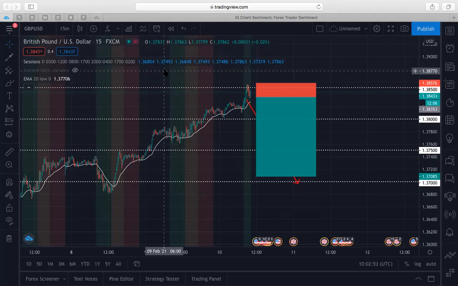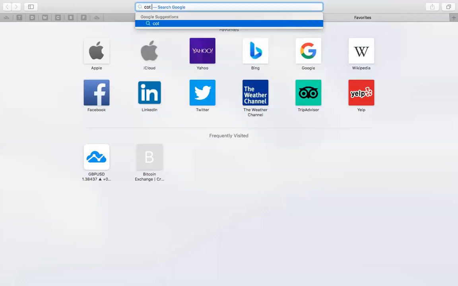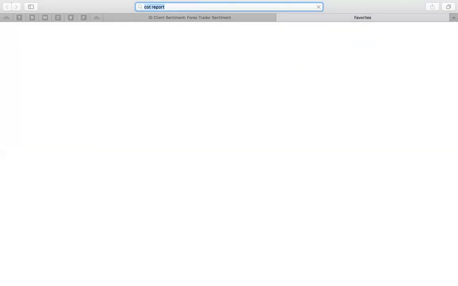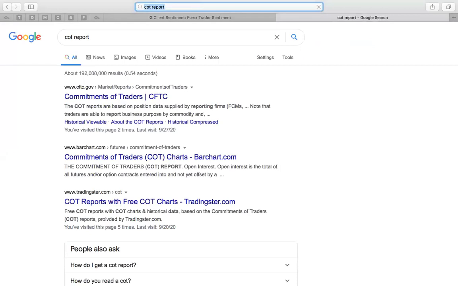No. Okay. So you will skip that. Yeah, you can skip that. You can still use it because we can say, okay, COT report. Now, the major thing is just for you to have your risk management in place. And I think that's just what you need. You need to manage your risks.